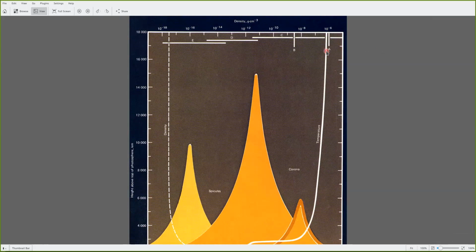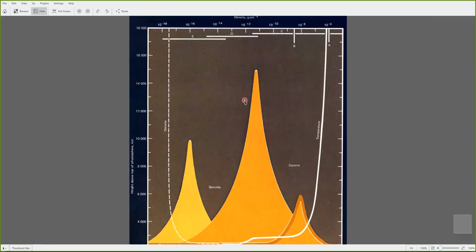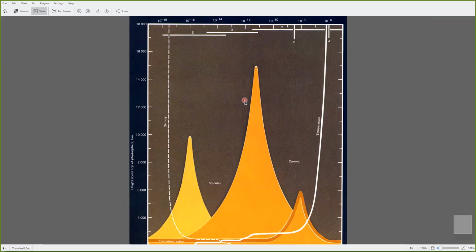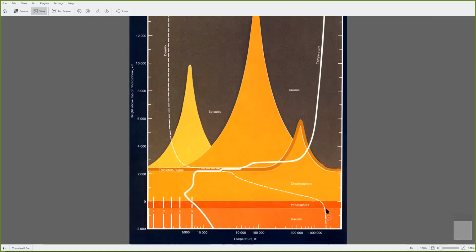The density of air is 10 to the minus 3, that is almost here. The mean density of the sun is a little more, around 1. So you can see that considering the density 0 doesn't change a lot. It's actually really low.